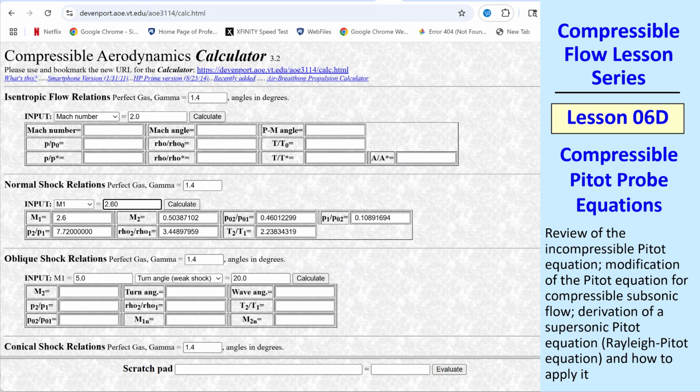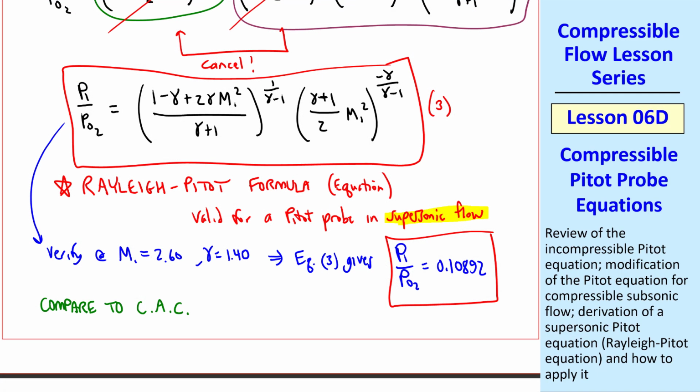I already have 2.60 from the previous time I used this, where we got M2, P2 over P1, etc. And now look at this last entry, which is P1 over P0 2, and we get 0.10892, which agrees with our result that we got from this equation 3. So we're confident about our equation, and that always makes me happy.